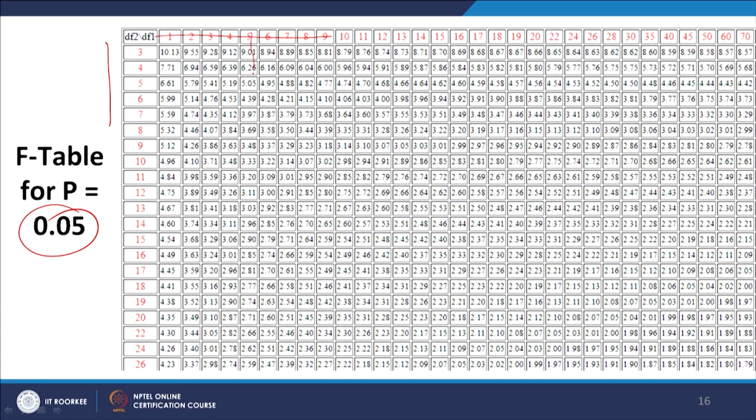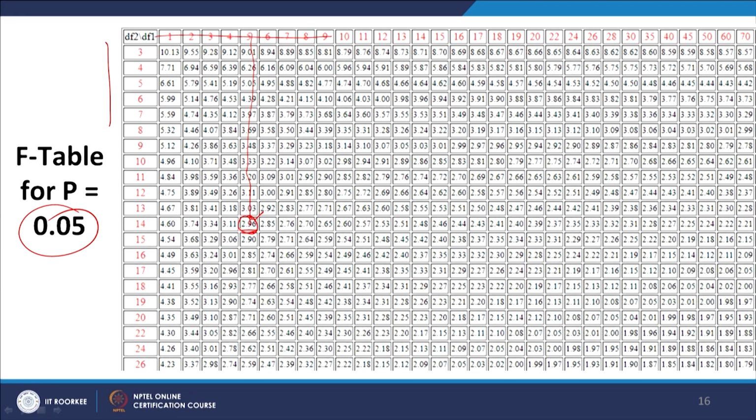So, along the column 5, I stop where the row is 14, and 2.96 will be my critical F value, and this is what I am going to compare with the calculated value of the F ratio. If the calculated value is greater than this critical value, then we reject the null hypothesis. If the calculated value is lower than this critical value, then we do not reject the null hypothesis.